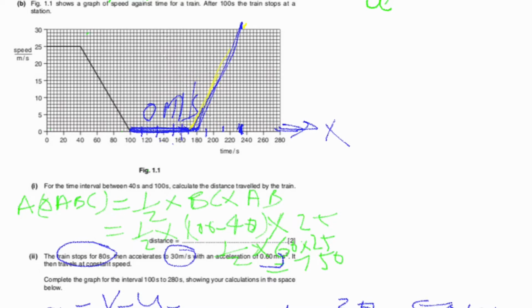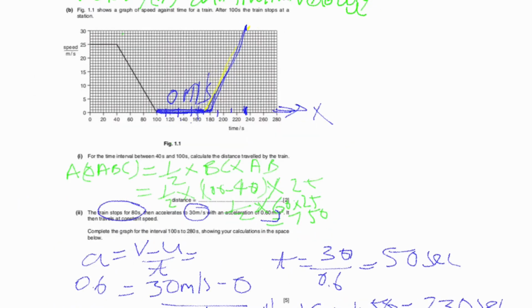Then after 230, till 280, it will move at a constant speed. So this is the graph. In this way we will get the answer. From 230 to 280 it will move at a constant speed.